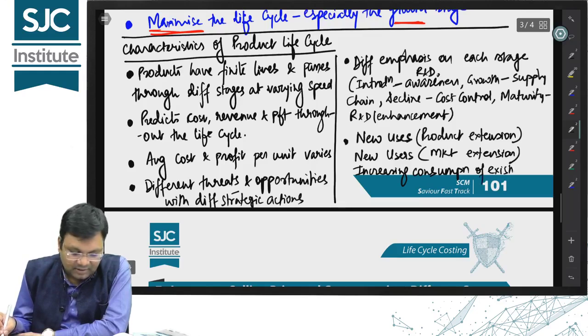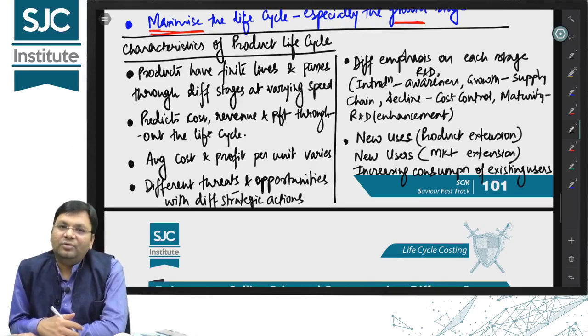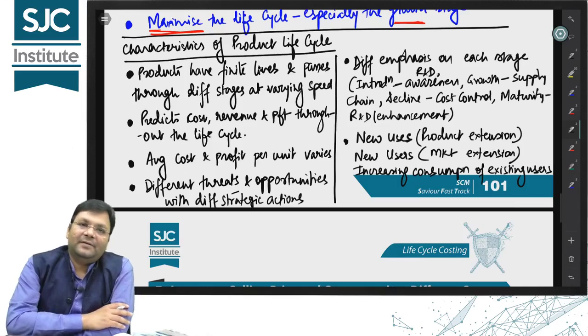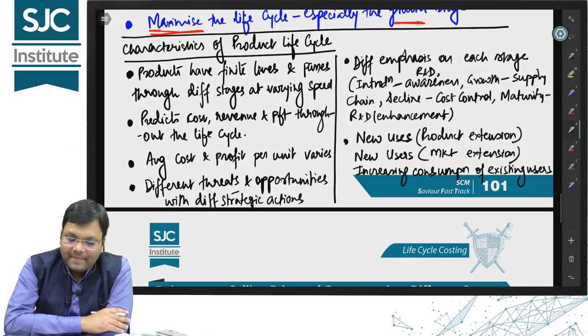Increasing consumption of existing users. So if you are able to do something by which your customers are consuming more. Example is Jio. Jio's main business is selling data. So they are selling data as their primary business. Now they want their customers to consume more and more data.